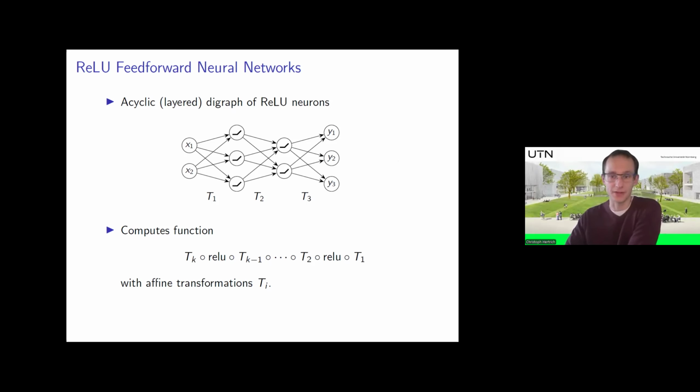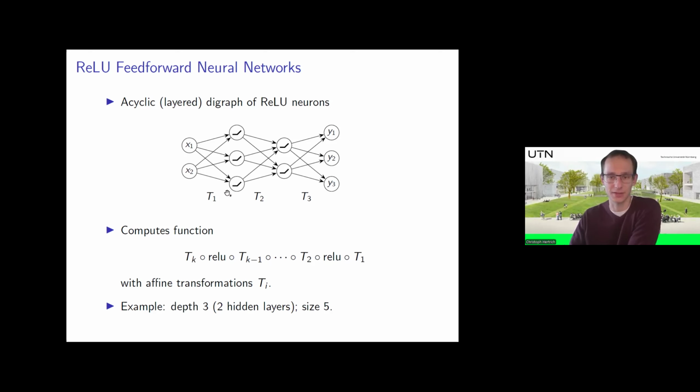And then in this talk we want to talk about complexity questions about these neural networks. So let's define what we mean by the depth and the size of a neural network. The depth would be the number of these affine transformations in this definition. So in this example, 3, which is always one more than the number of hidden layers.